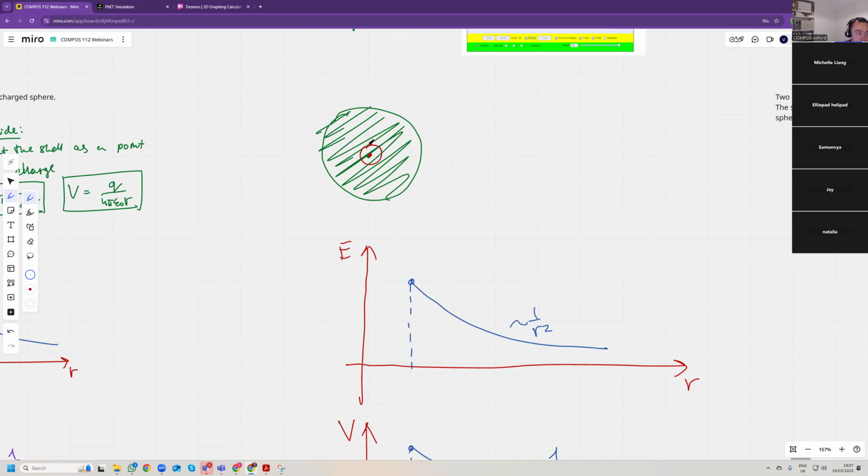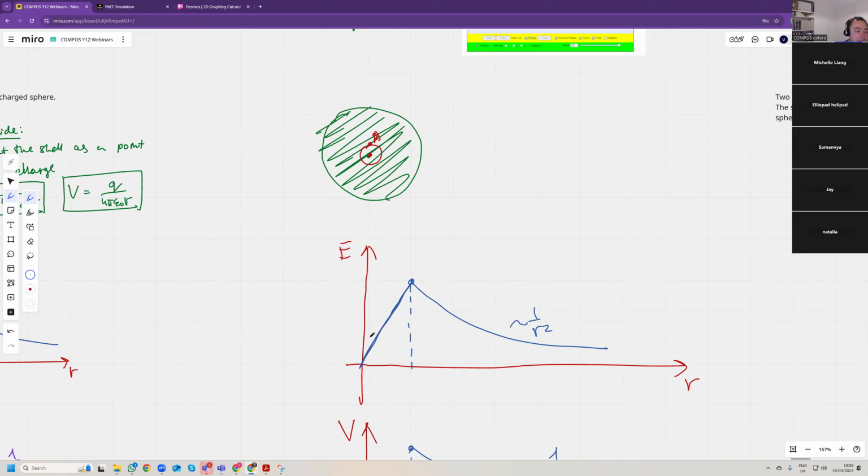So if you're sitting at point A, only the charge closer to the center of the sphere than A counts. Everything else, the field cancels out. And this works out very nicely, and this has been shown in the previous assignment, that it will be like this. It's a linear thing.